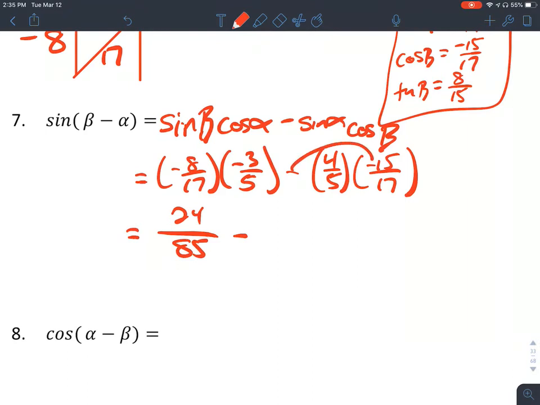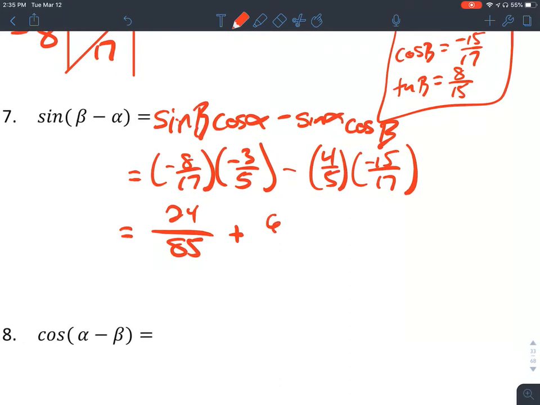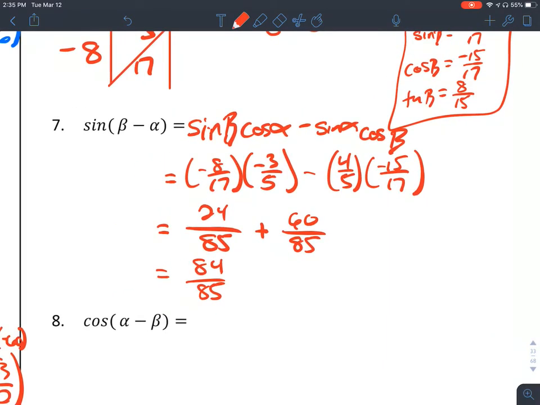We are subtracting a negative, so it's like we're adding. 4 times 15 is 60. 5 times 17 is still 85. Add those together, we get 84/85. If your fraction reduces, go ahead and reduce it. It does not.